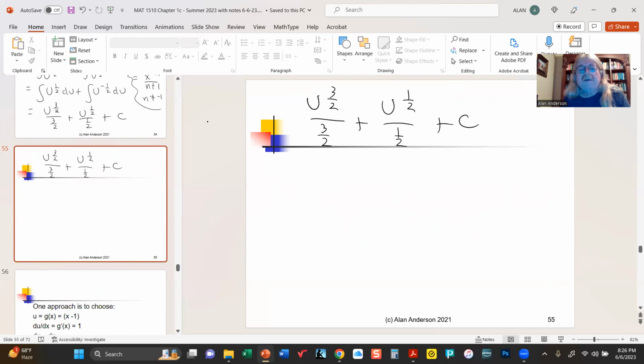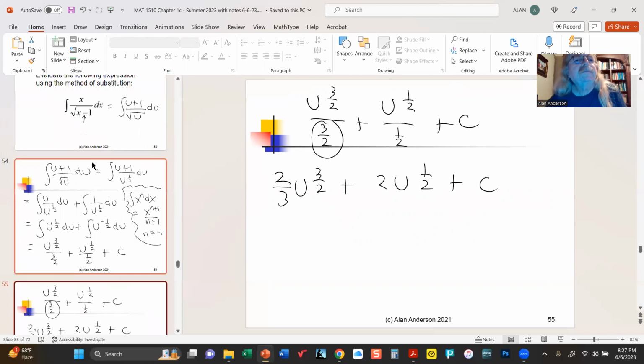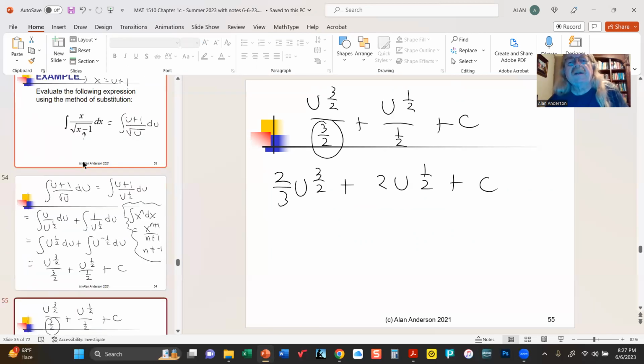We can do a little algebra. And now remember, when you divide by a ratio, a fraction, let's say like 3/2, it's equivalent to multiplying it by the inverse. So in other words, dividing by 3/2 is the same as multiplying by 2/3. And remember, u itself is equal to, we define it as x minus 1.